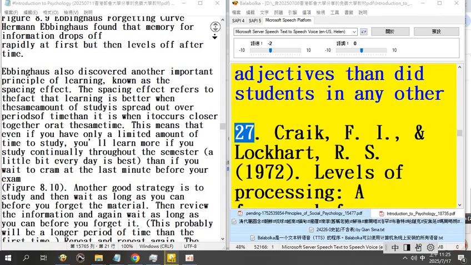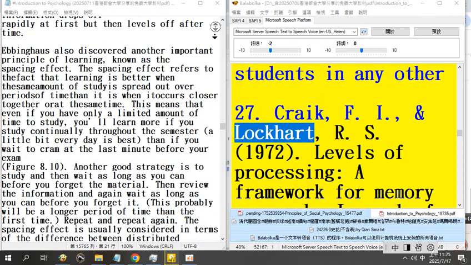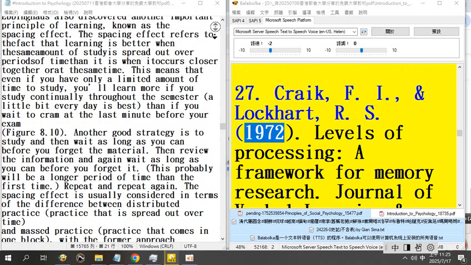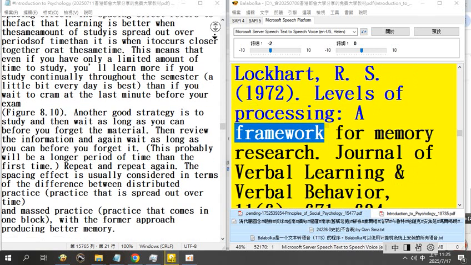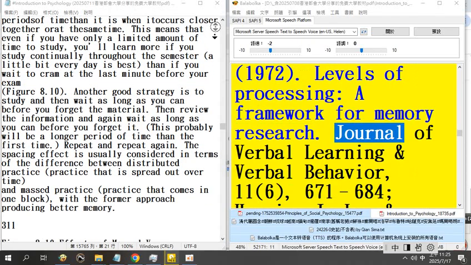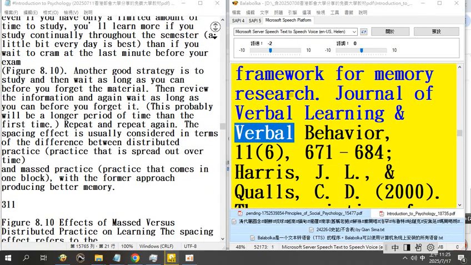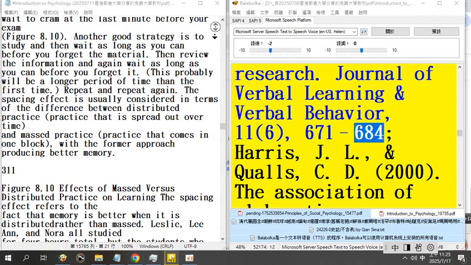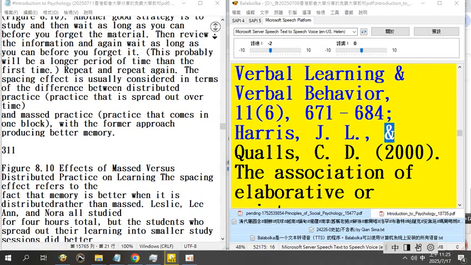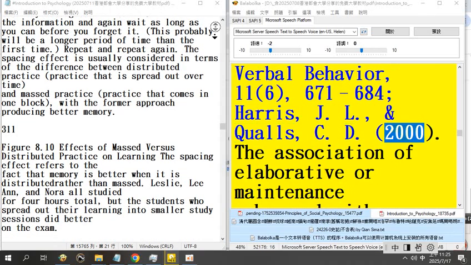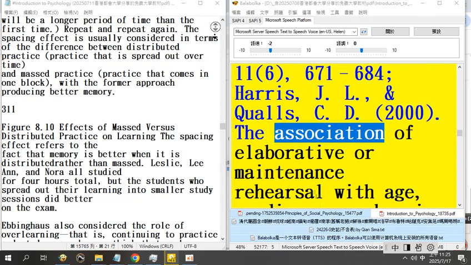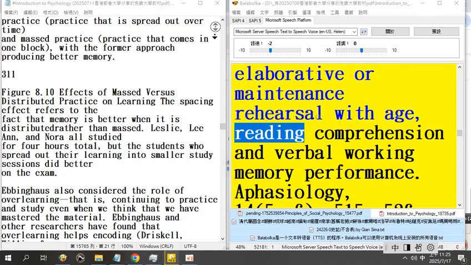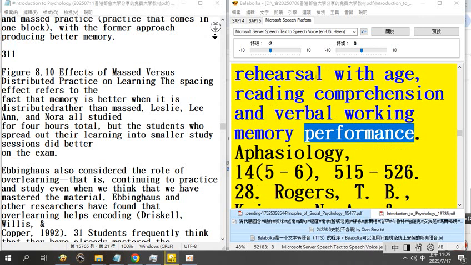27. Craik, F.I., and Lockhart, R.S. 1972. Levels of Processing, a Framework for Memory Research. Journal of Verbal Learning and Verbal Behavior, 11, 6, 671-684. Harris, J.L., and Qualls, C.D. 2000. The Association of Elaborative or Maintenance Rehearsal with Age, Reading Comprehension, and Verbal Working Memory Performance.